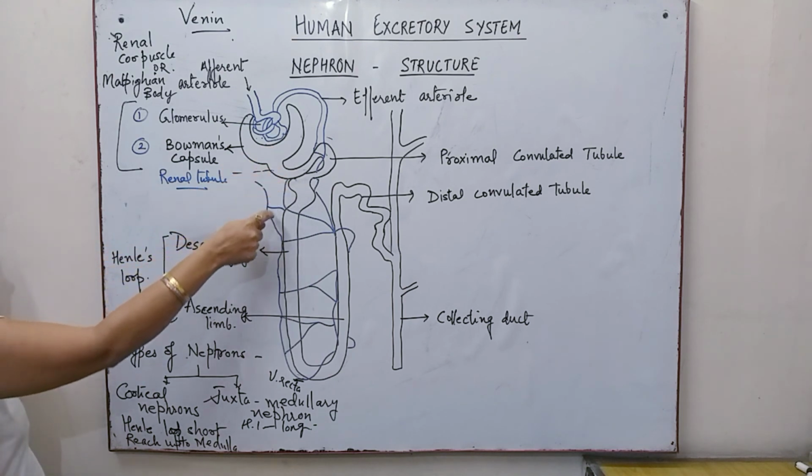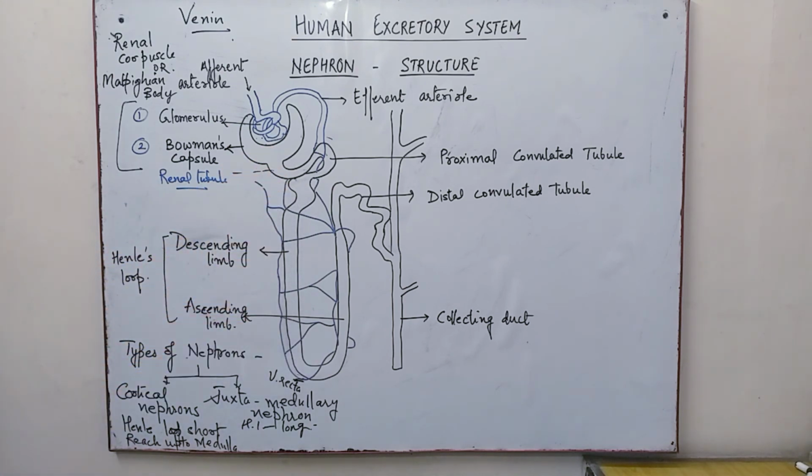As the efferent arteriole reaches down through the Henle's loop, it forms another important structure, a network of fine capillaries known as peritubular capillaries. Out of these peritubular capillaries, vasa recta is an important tubular system which helps in maintaining the rate of secretion and reabsorption within the capillary system.